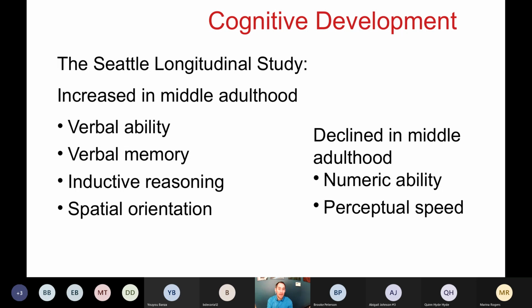But there's a lot of capacities that humans have that are increasing even at the end of middle adulthood, or that can be increased even if, on average, people aren't increasing on numeric ability or perceptual speed. Numeric ability is something that you could definitely work on. If that was something that was of interest to you or mattered to you, you could use things like brain games or doing more math or something to increase that ability even in late adulthood.